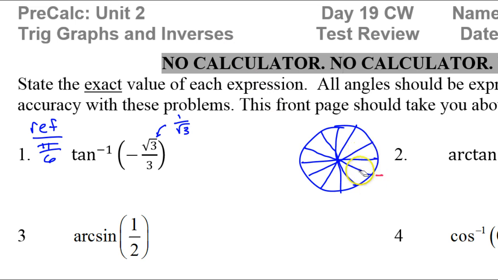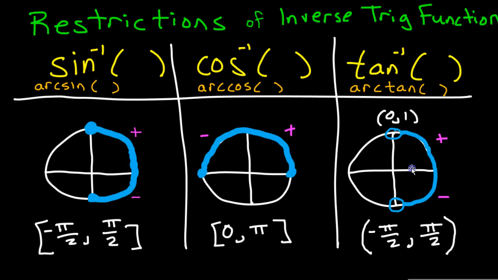This is negative pi over 6. I cannot call it 11 pi over 6 because that takes me outside of the restricted range of the inverse tangent function. I can't go out here.